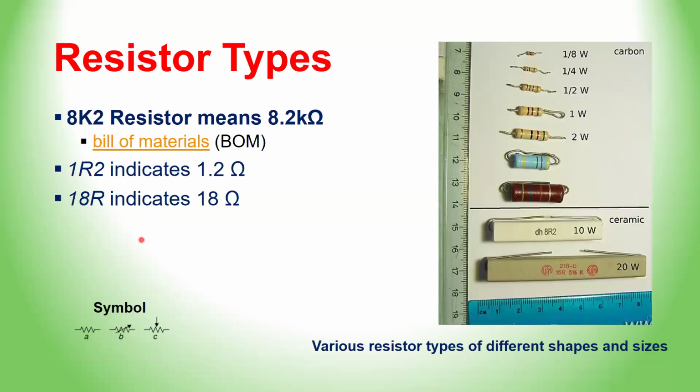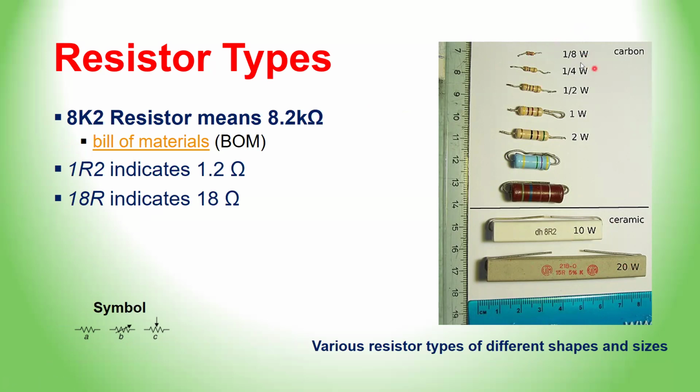Let me take you to the next slide, which talks about different resistor types. On the right side, you see different sizes of the resistor, starting from the smallest one, with a scale, up to this big one, with different sizes and different shapes as well.